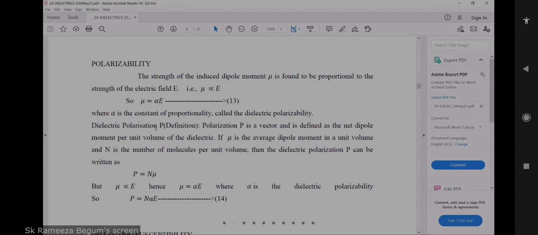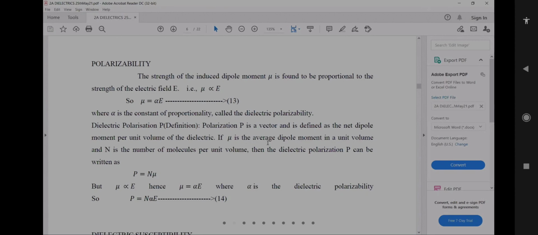Dielectric polarization, represented by the term P. So this is the definition: polarization P is a vector and is defined as the net dipole moment per unit volume of the dielectric.